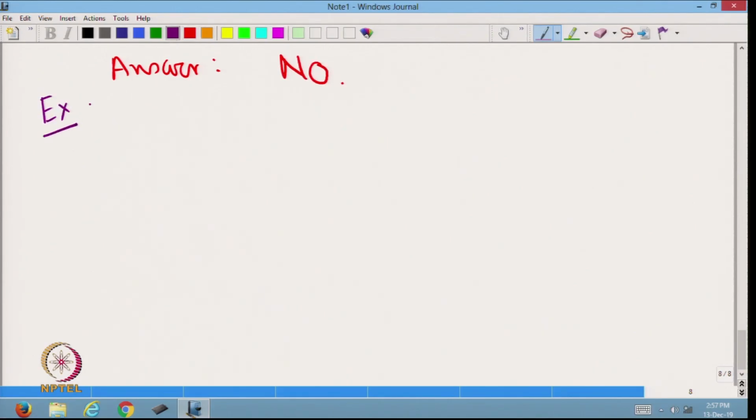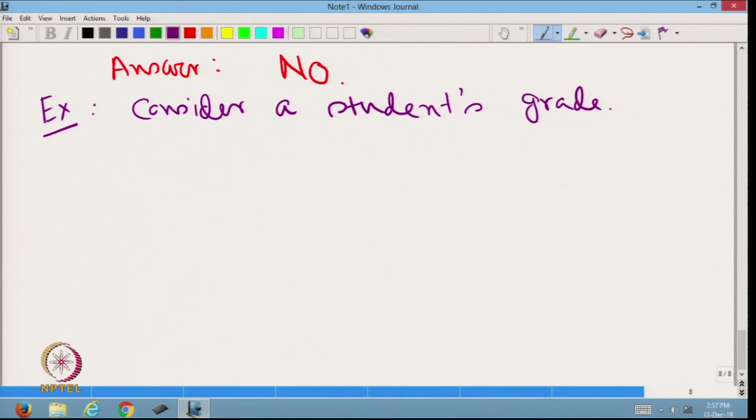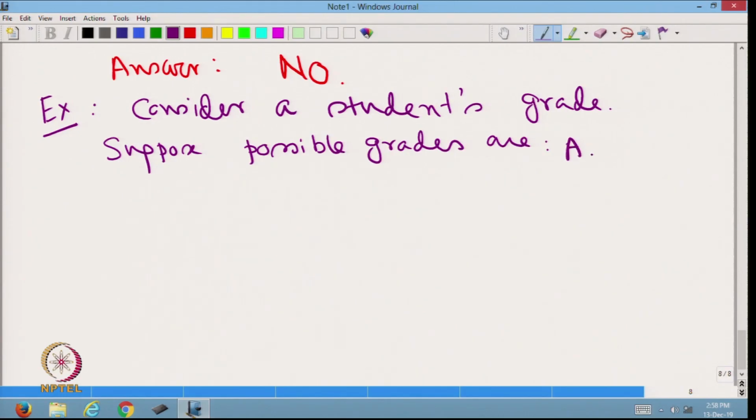Example, consider a student's grade. Suppose possible grades are A, B, C, D and F. Suppose F means fail.